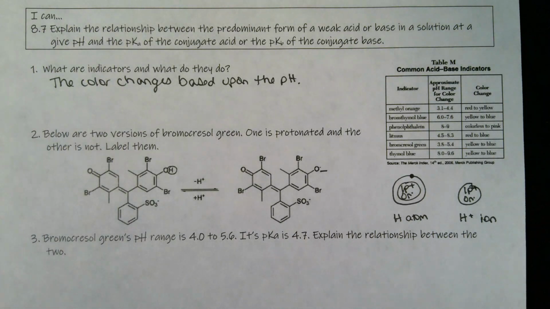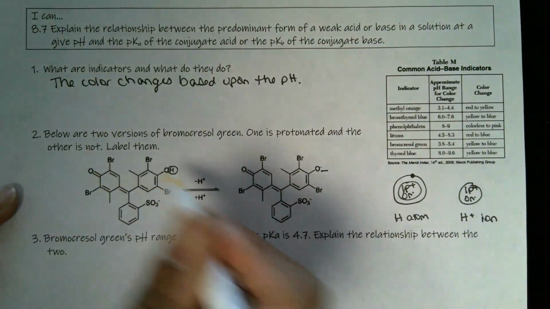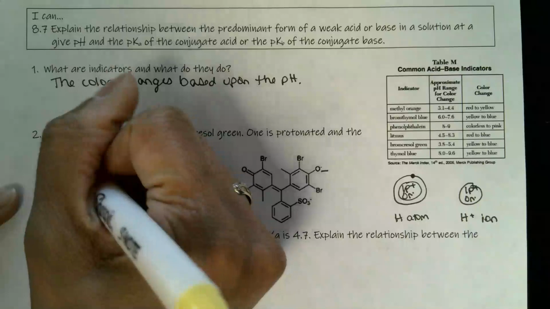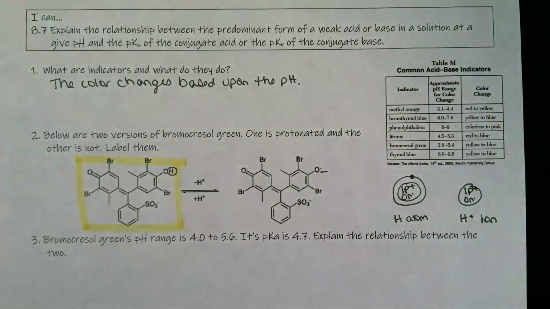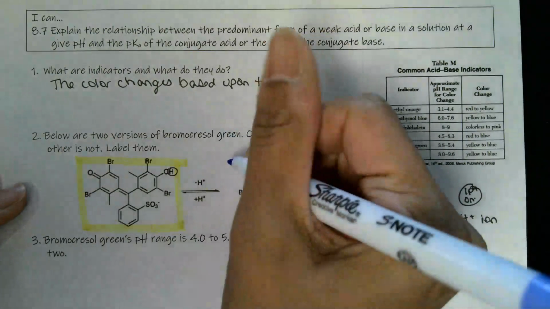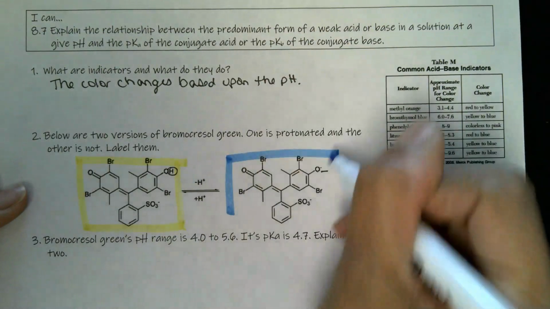With bromocresol green, it happens to change colors, and that's the same thing with all these indicators. They change color whether or not they have that hydrogen. Bromocresol green will be yellow in its protonated version, and it's blue in its deprotonated version.